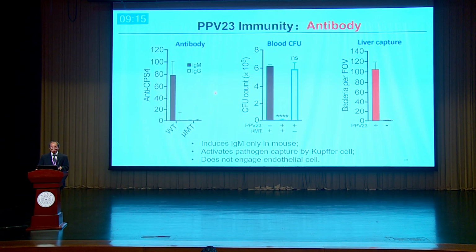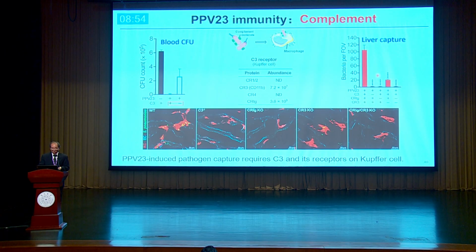And antibody is also very important. So polysaccharide vaccine immunized, basically in mice, mostly produce IgM and very barely produce IgG. Okay, and so in immune mice, without antibody, the protection doesn't occur. Okay.